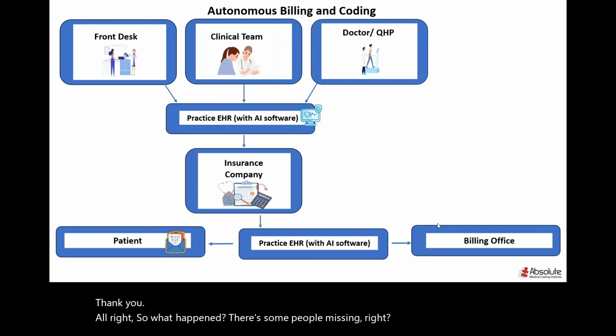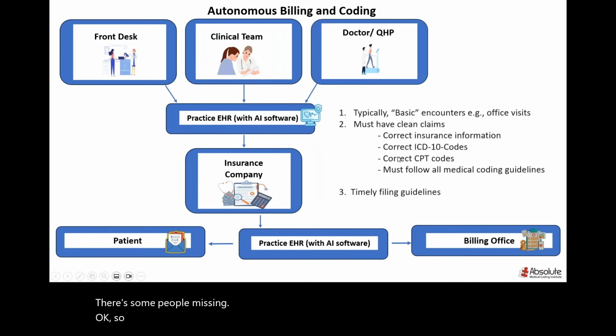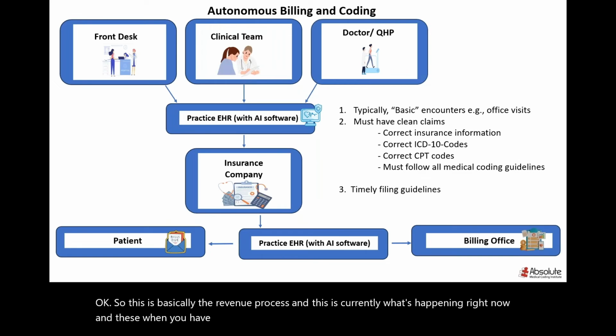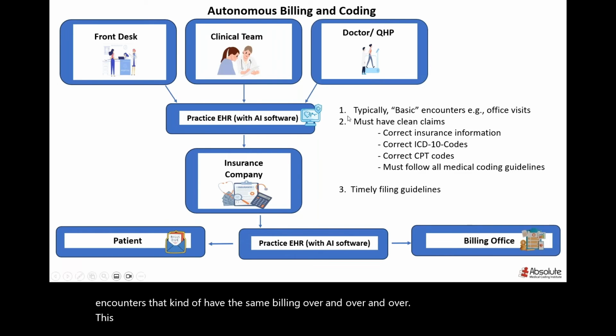There's some people missing. Okay, so this is basically the revenue process. And this is currently what's happening right now. And when you have basic encounters, such as office visits or even mental health visits, or encounters that have the same billing over and over and over, this works. But you must have what we call clean claims. What does that mean?